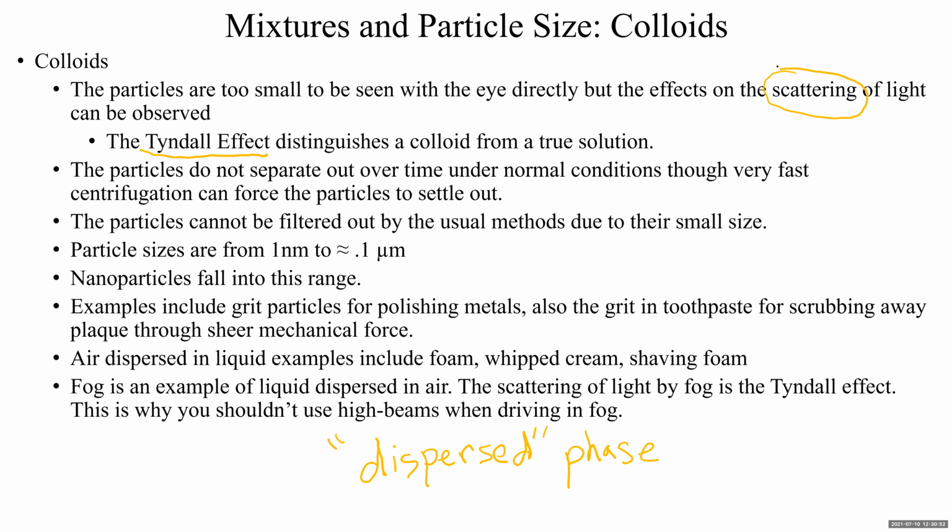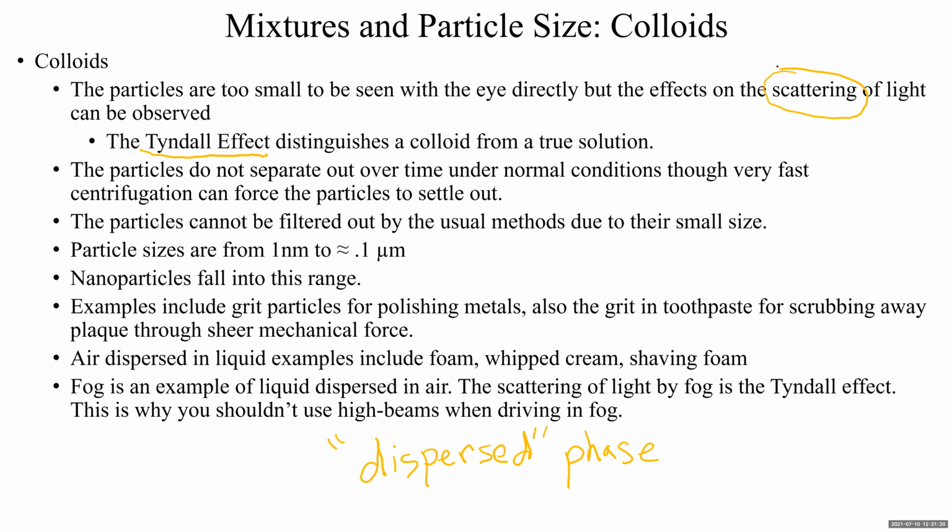However, there are such things as molecular sieves, molecule-sized filters, or pores in the filters that can do the job. But for the most part, a typical filter will not be able to filter out colloidal dispersions. Now, the particle size is really the big differentiating factor here. Particle sizes are from 1 nanometer, which is 1,000 picometers, to 0.1 or 1/10 of a micron or micrometer.